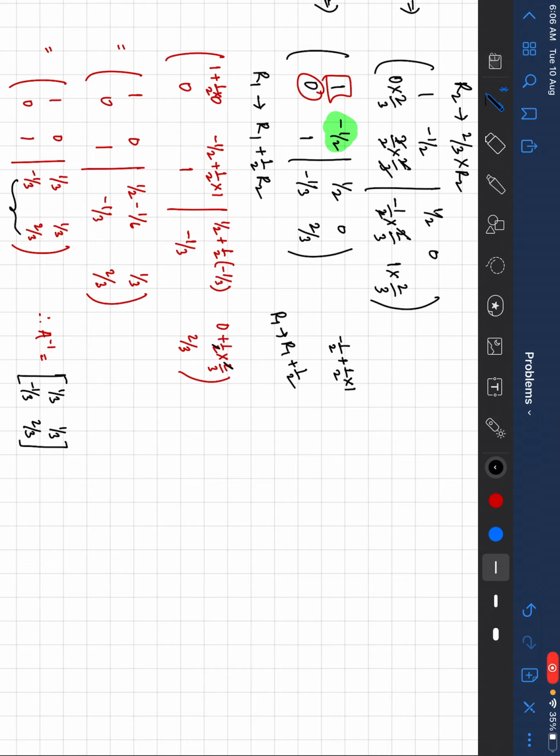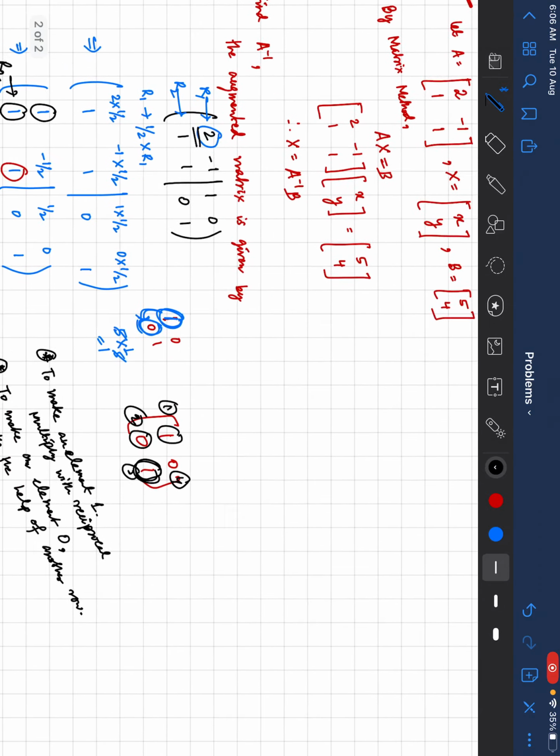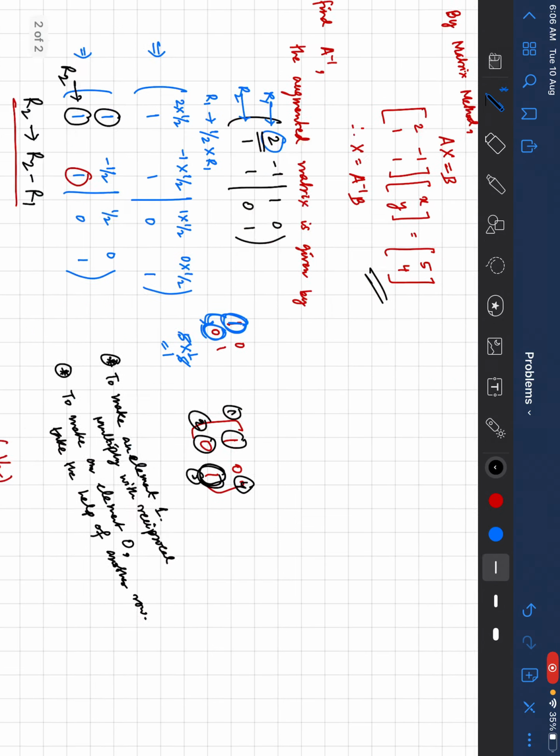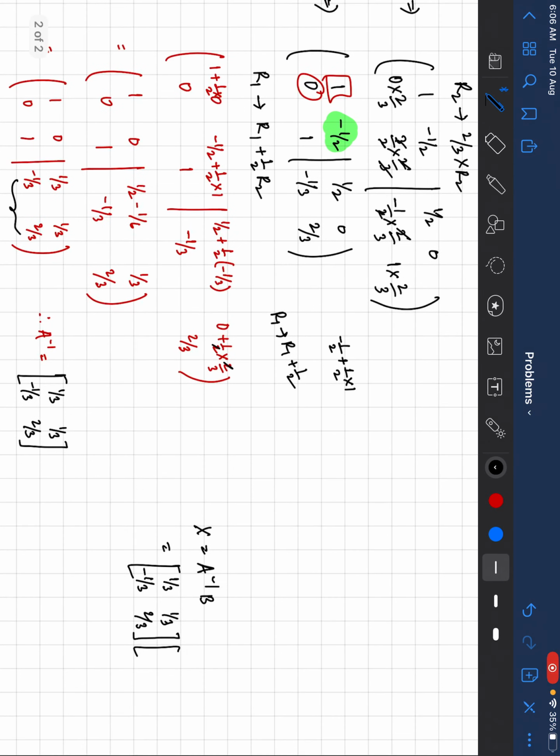My x was equal to A inverse B. So I'm going to write A inverse here: 1 by 3, 1 by 3, minus 1 by 3, 2 by 3. And what is my B? This is my B, 5, 4.